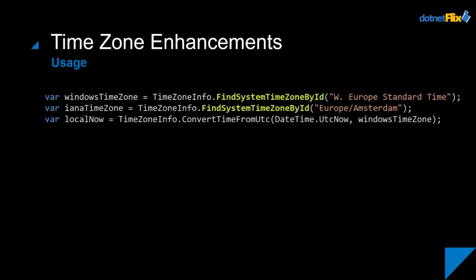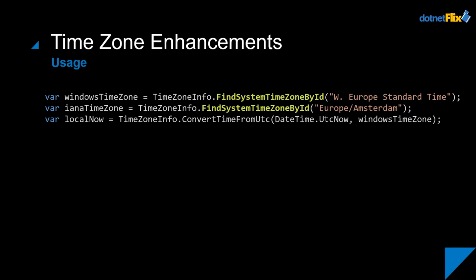You could always enter a Windows time zone within that method, for example, the Western Europe Standard Time, and you would get a TimeZoneInfo back which represented that specific time zone. And now with the same method, you can also just enter an IANA time zone, for example, Europe/Amsterdam, and you would get back a TimeZoneInfo which represents an IANA time zone.